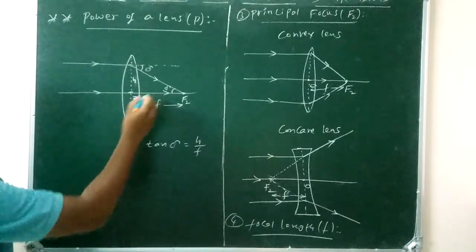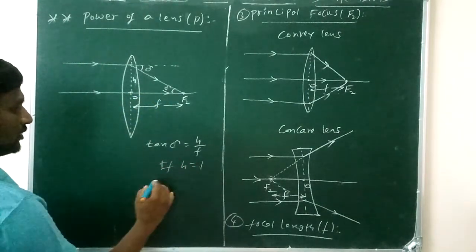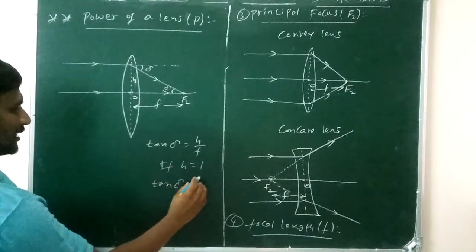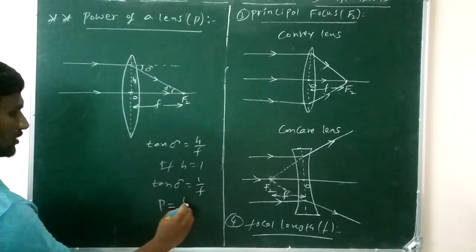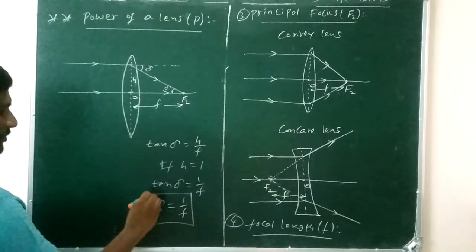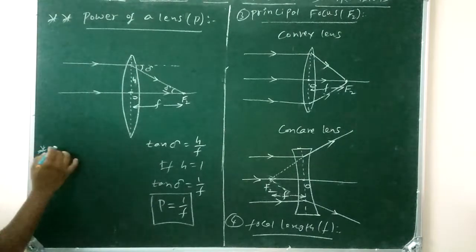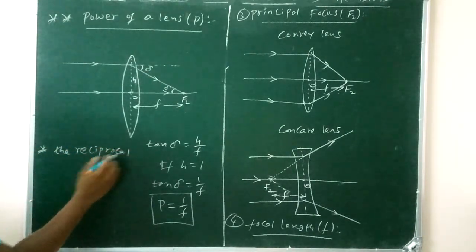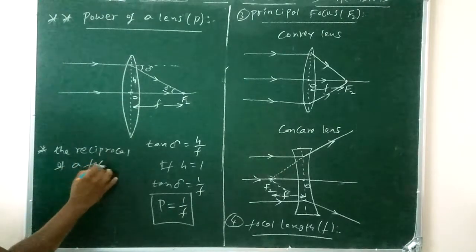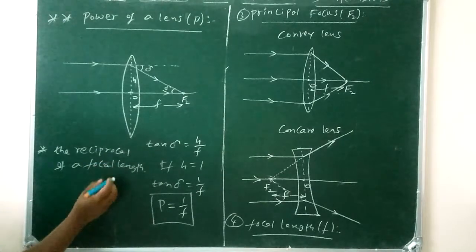Therefore, if h equals 1, then tan delta equals 1 by f, and this tan delta we call the power of the lens. Therefore, the power of the lens can be written as P equals 1 by f. It is also defined as the reciprocal of the focal length.